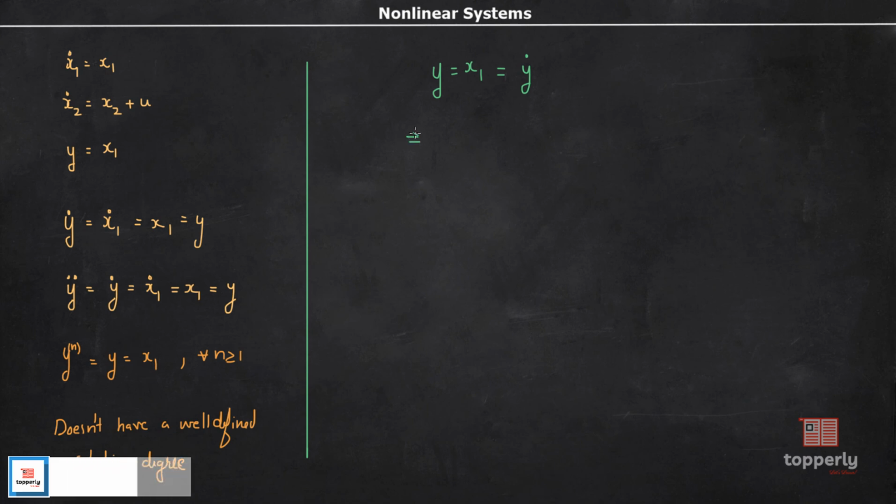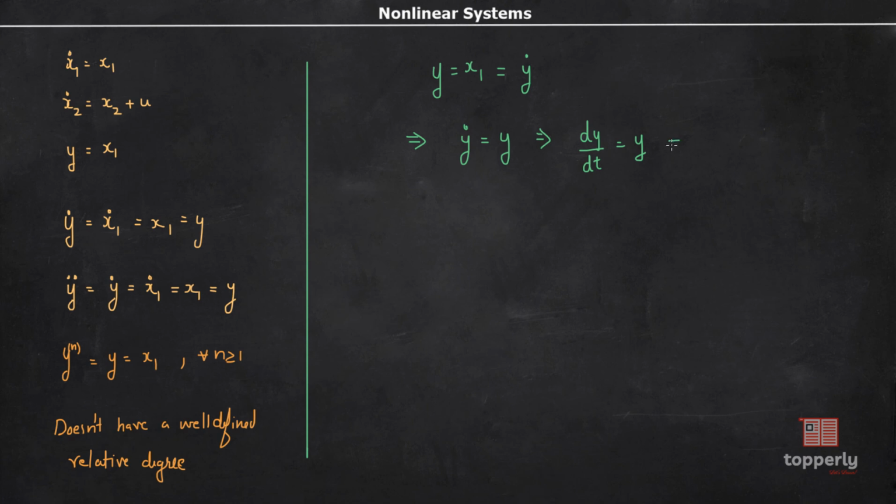Writing this again, y dot equal to y, which implies dy by dt is equal to y. Rearranging gives us dy by y is equal to dt. Integrating on both sides gives us ln y plus c equal to t, where c is the constant of integration.